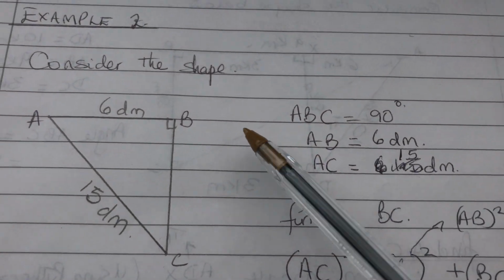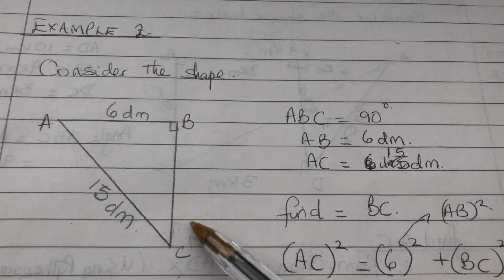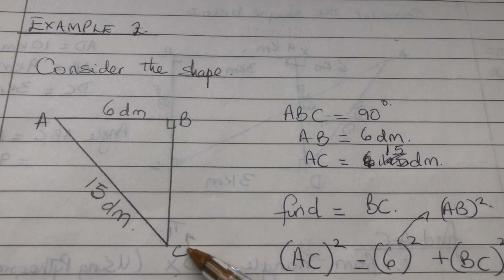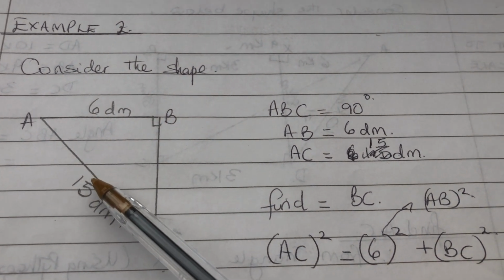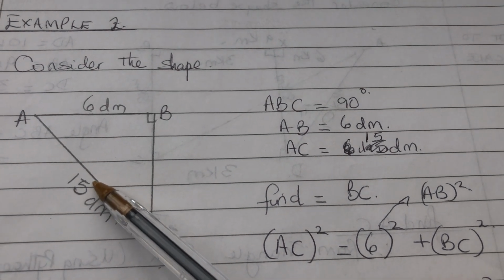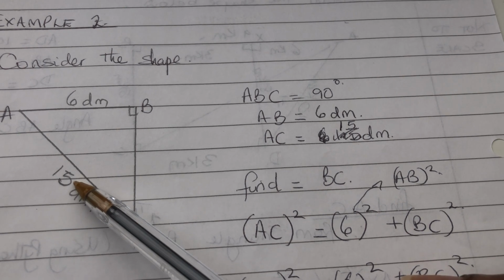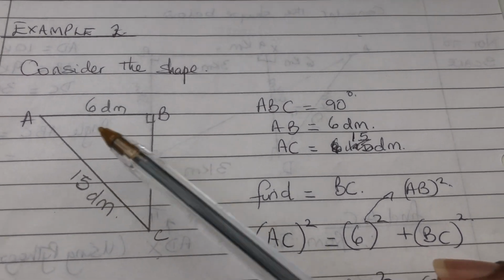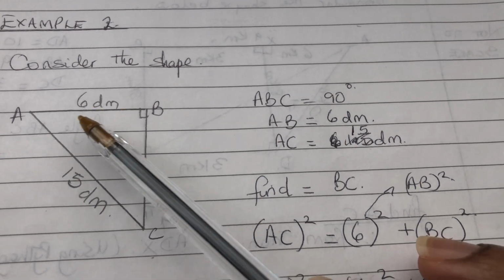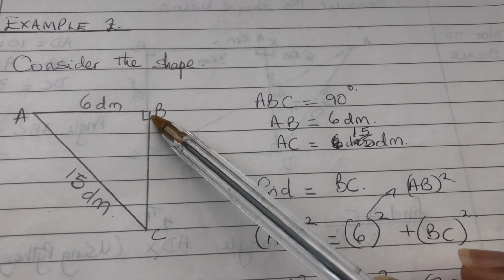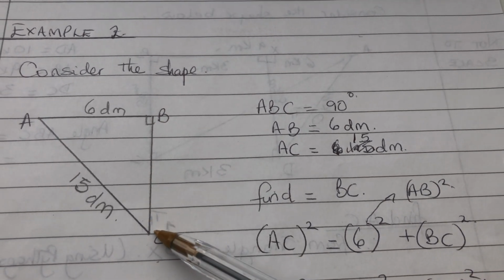So now ABC here is 90 degrees, so it means AC is my hypotenuse. The 90 degrees is always opposite the hypotenuse. So now AC squared should be equal to AB squared plus BC squared. We are finding BC.